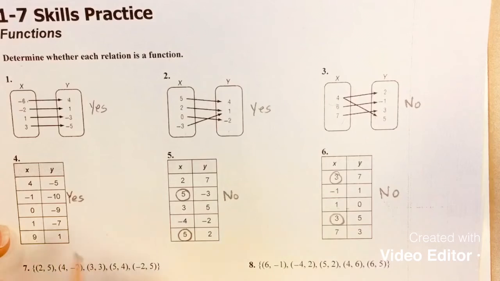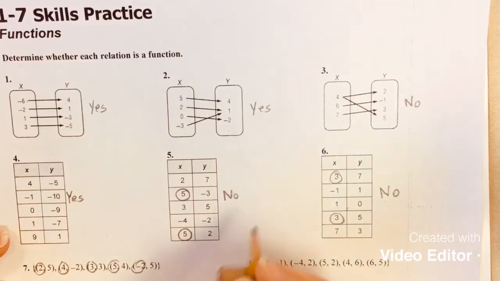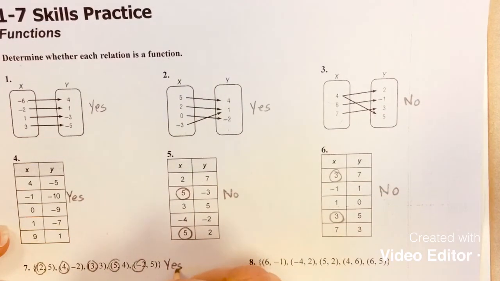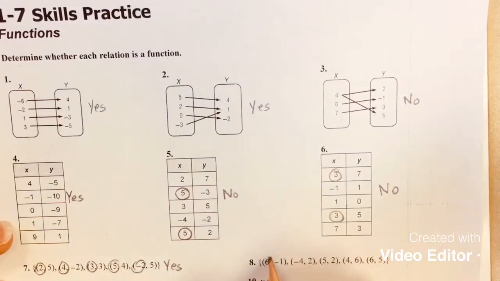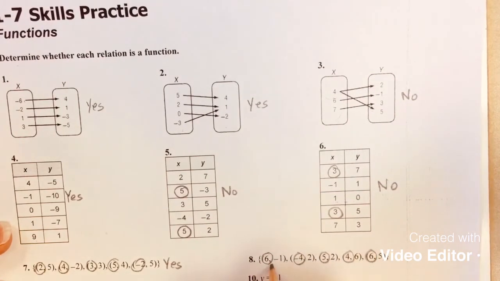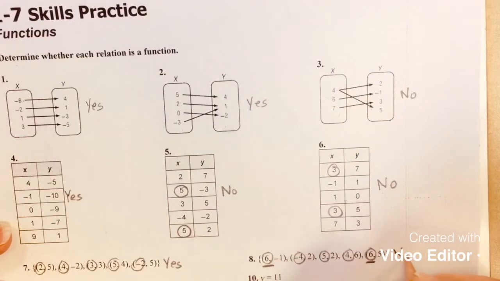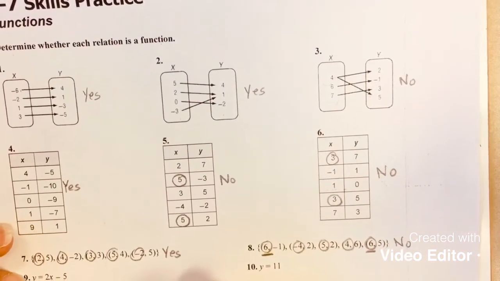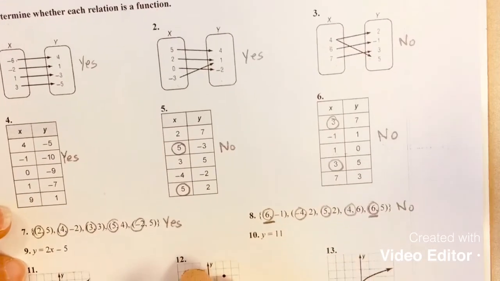Looking at your x values, do any of these repeat? No, so it is a function. Do any of these x values repeat? Yes. Number 6, so it is not a function.